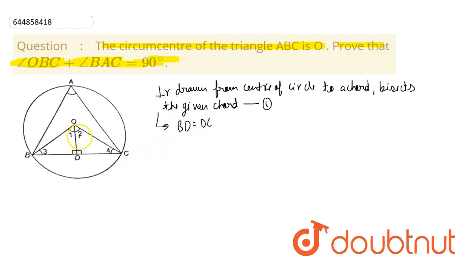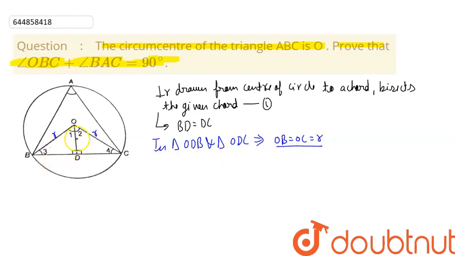Now we are going to consider the two triangles, triangle ODB and triangle ODC. In both of these triangles we can see that OB is equal to OC because both of these are the radius of the circle. So OB equals OC equals R. This is the first conclusion.